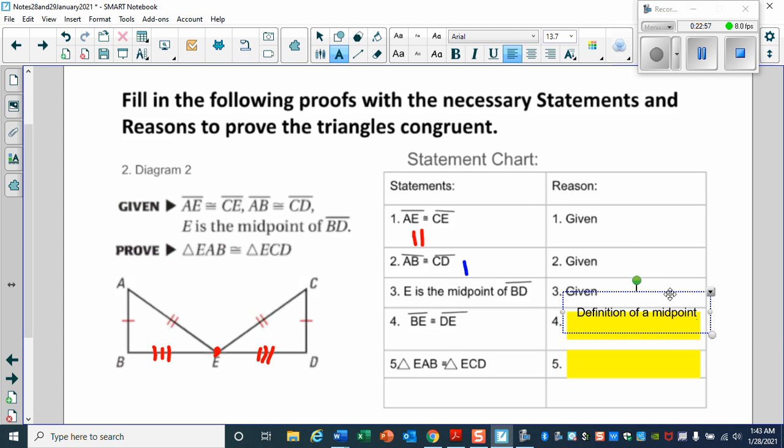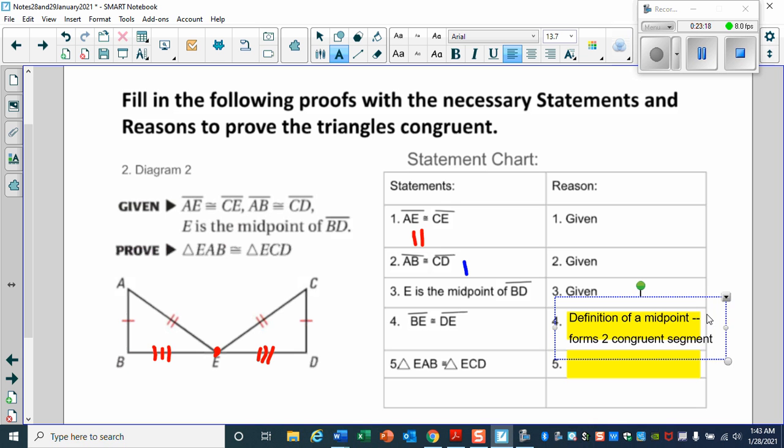Also, since you're at the midpoint, it forms 2 congruent segments.